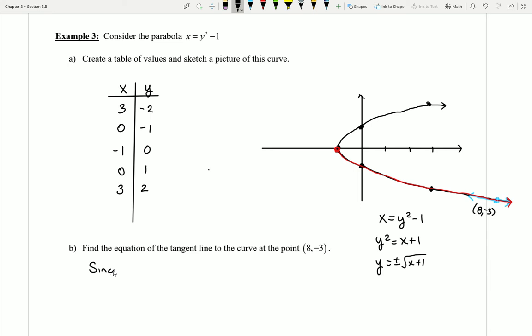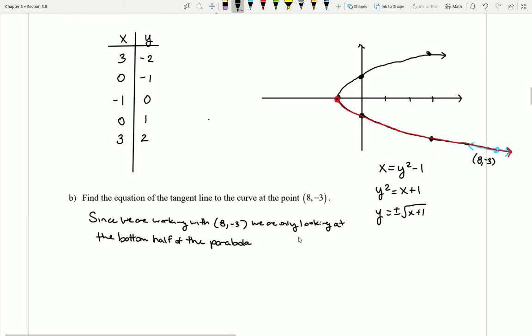So I'll write this out by saying since we are working with the point (8, -3), we are only looking at the bottom half of the parabola.